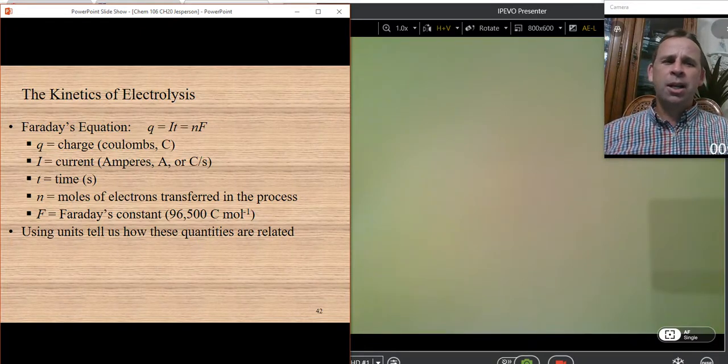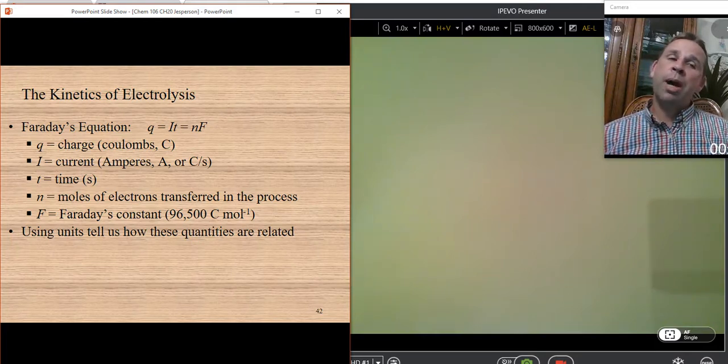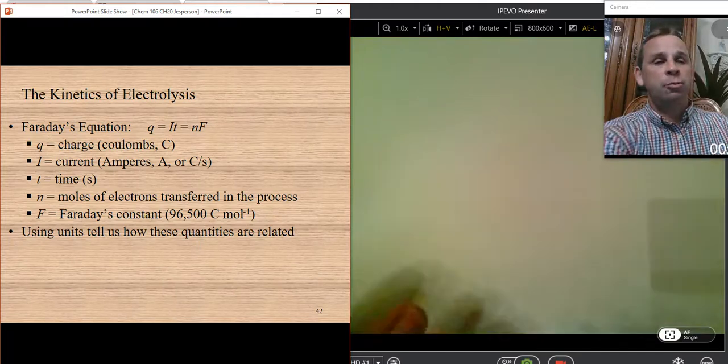To be able to answer questions like how long is it going to take to plate a 1 millimeter surface over this bumper on my car, we need to know about the other part of power.